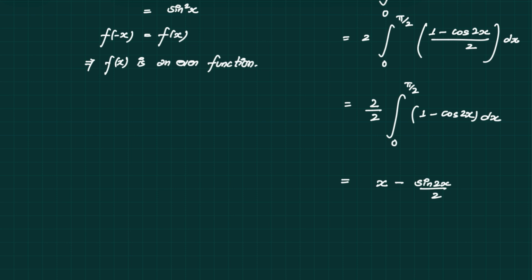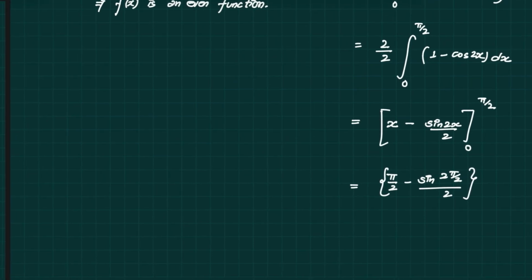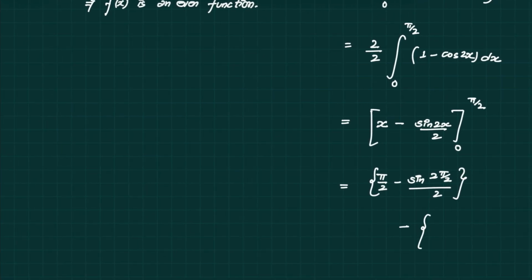So this is the integral, but since we have to put the limit, that is from 0 to pi over 2, using the upper limit, we will have pi by 2 minus sin 2 pi by 2 whole divided by 2, this is the upper limit, minus the lower limit, 0 minus sin 2 into 0 by 2.